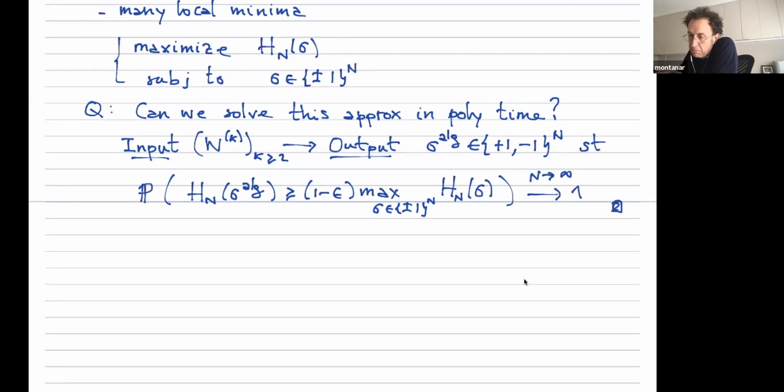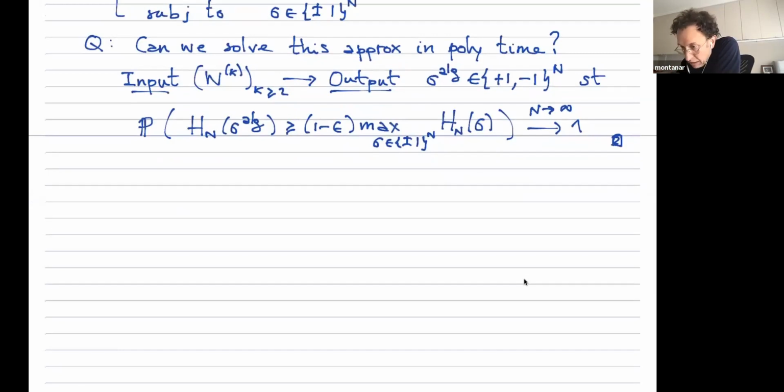This is the problem that I'm interested in, and of course now about the epsilon, is this possible?